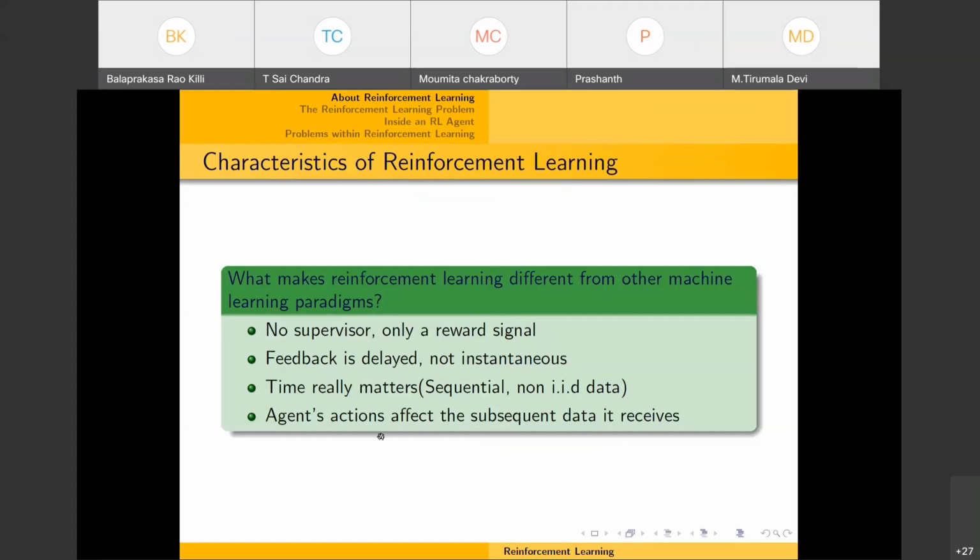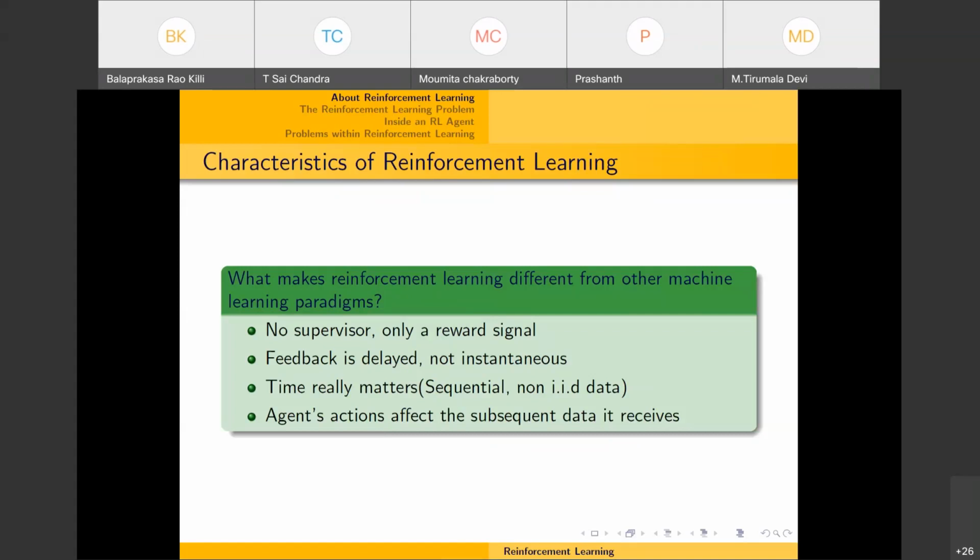And then the other important difference is that time matters in reinforcement learning. That means what? The data set is sequential, whereas the data set used in supervised and unsupervised learning, the training examples are independent of each other. So you take some training data set and you have to train on that particular data set. And the training examples in that data set are independent.